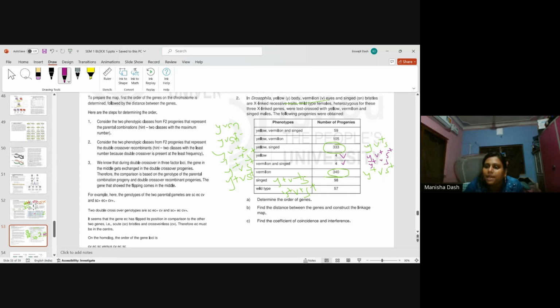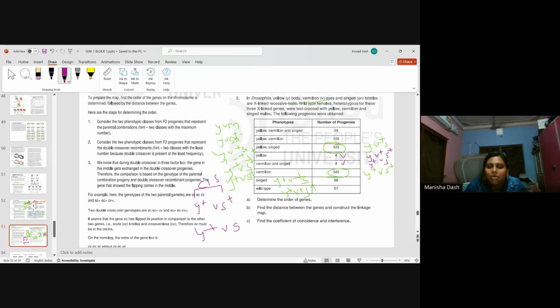Now, if you compare the parental combination with the double crossover, what is the parental combination that we have here? That is Y plus V and S plus. And the double crossover is Y plus V and S. So here the Y and S both are positive, that means they are in cis position in the parent.